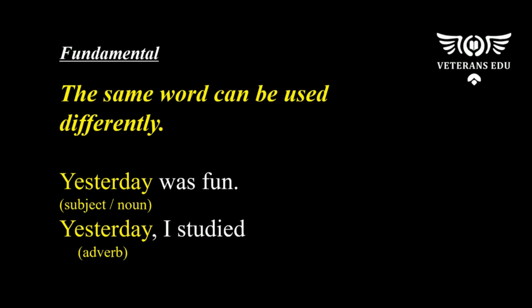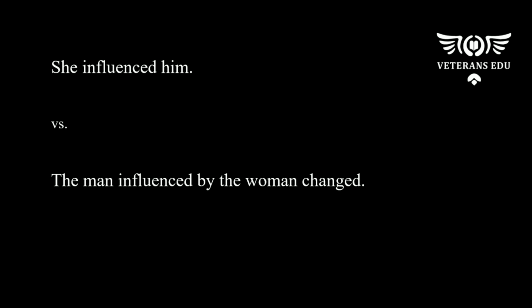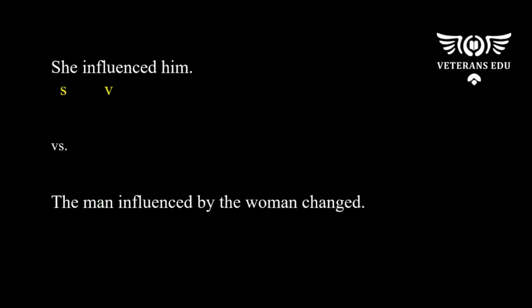Let's compare the 2 different sentences on the screen. First sentence, she influenced him. The second sentence, the man influenced by the woman changed. Now, what is the subject and the verb of the first sentence? It's easy, right? She influenced. What about the second sentence though? The subject is the man, but the verb is not influenced.